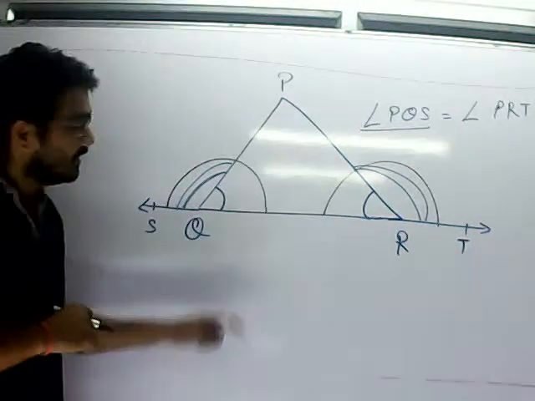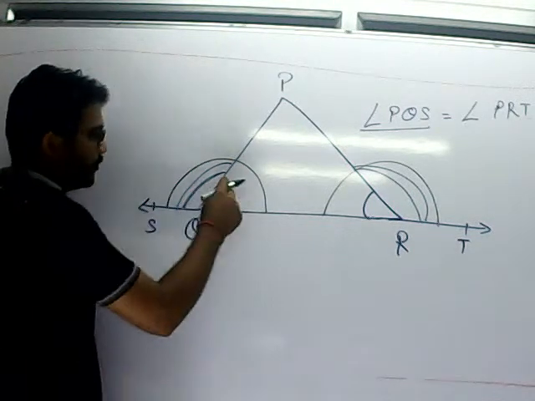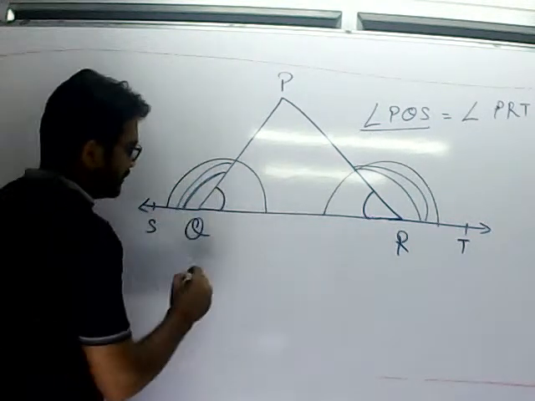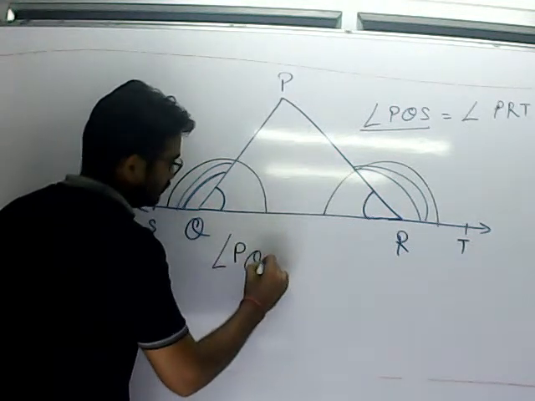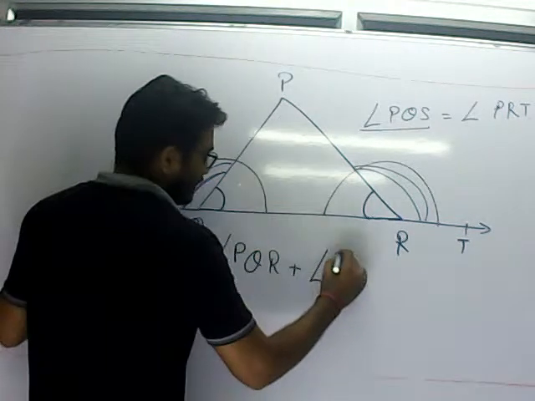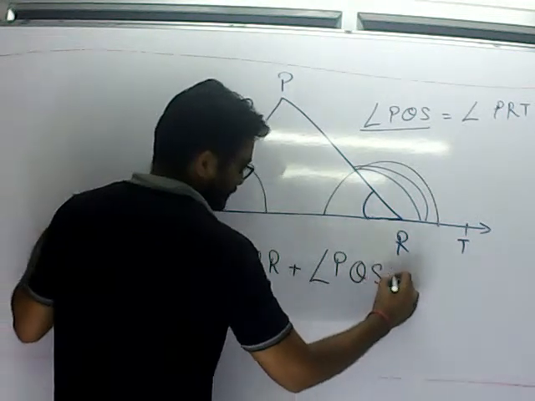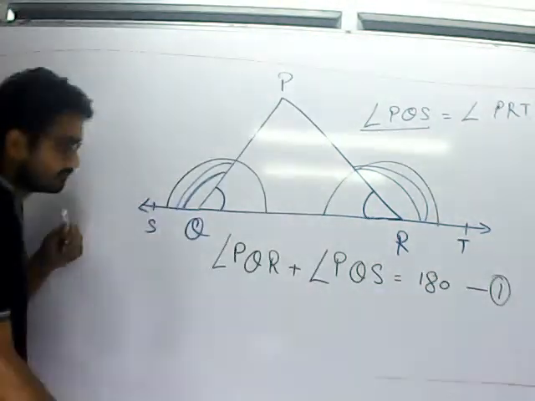Now, these two bigger angles are linear pairs, so let us make an equation. Angle PQR plus angle PQS is equal to 180 degrees. This is our first statement.